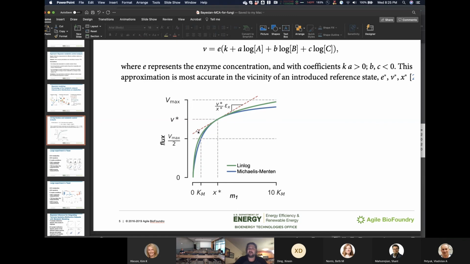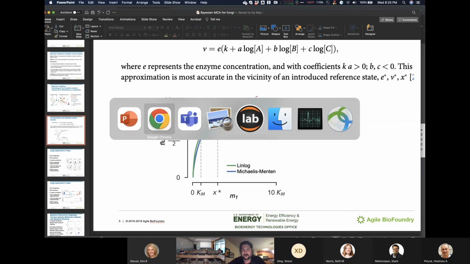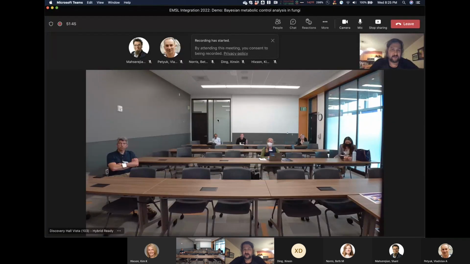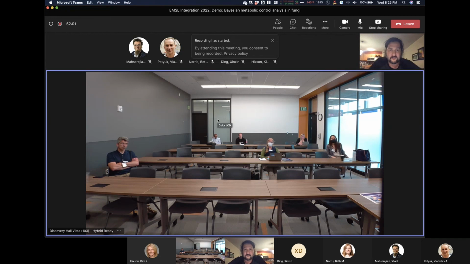I need data beyond just the reference to figure out what that slope actually is. So I'm looking at what happens if I change the external metabolites, increase or decrease them, or overexpress or repress a gene. These all create perturbations that allow me to do sensitivity analysis around the reference state. Gotcha.